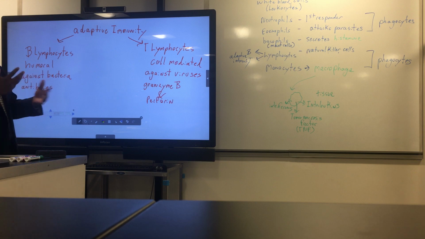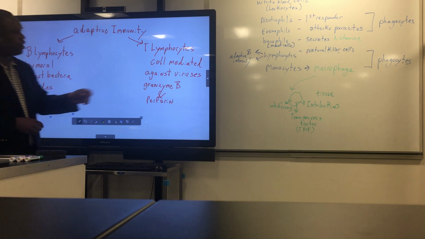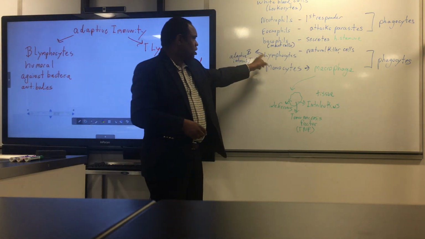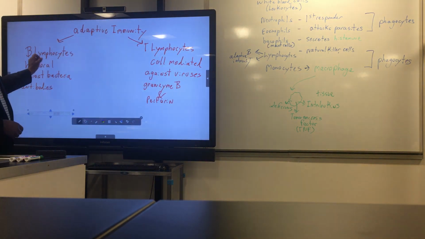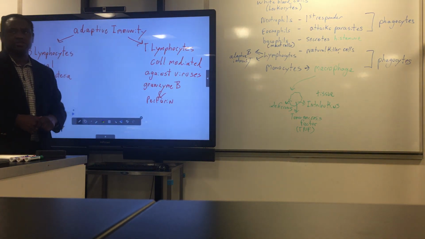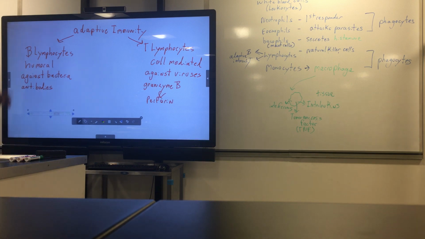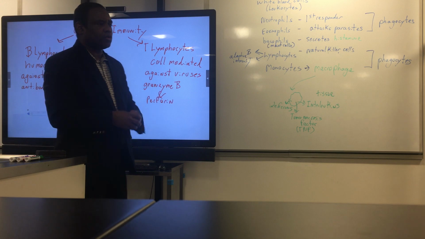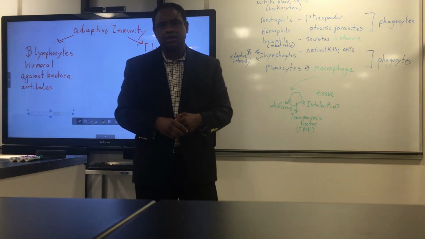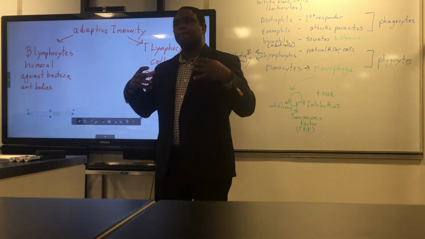Our players in this process are going to be our lymphocytes, our B and T lymphocytes. Our B and T lymphocytes all come from the same place where all the other white blood cells come from, and that's the bone marrow.